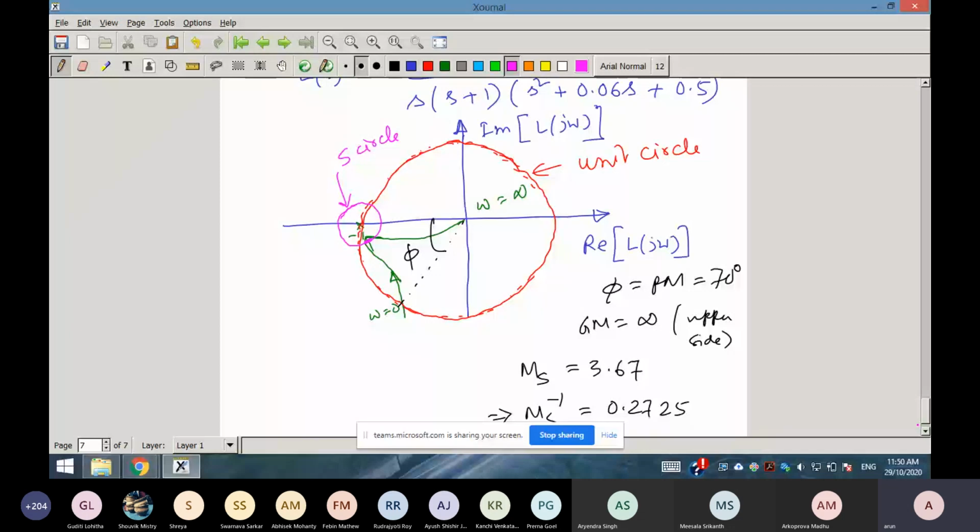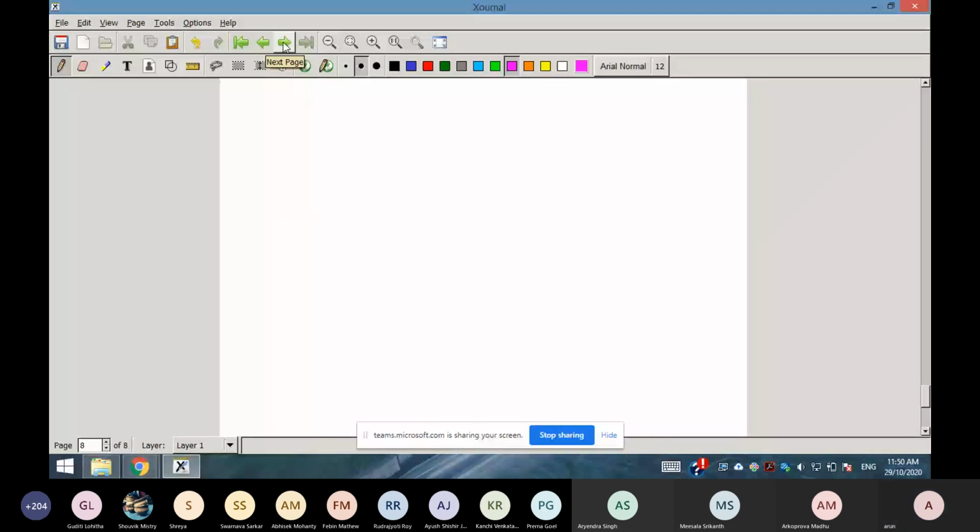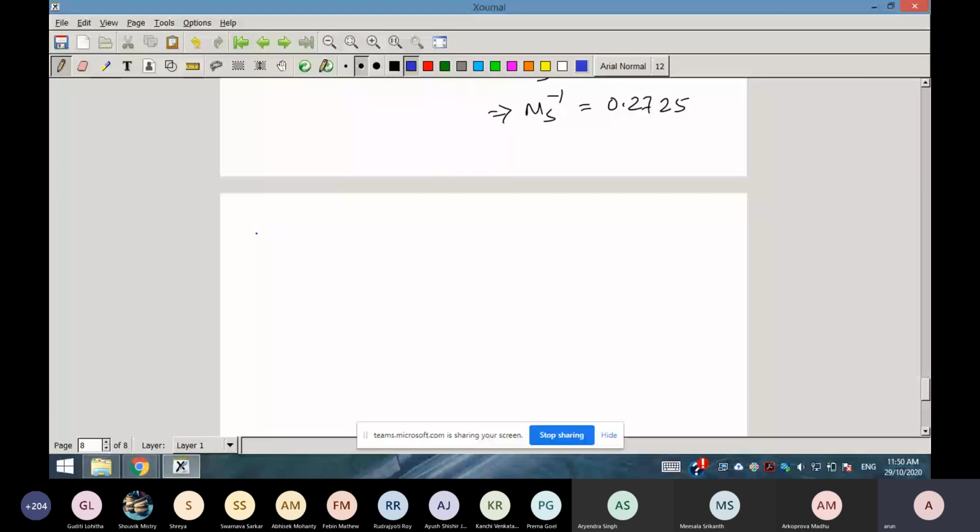So the relation between gain margin, phase margin and sensitivity is also important. The relation among GM, PM and MS, since MS means sensitivity peak.